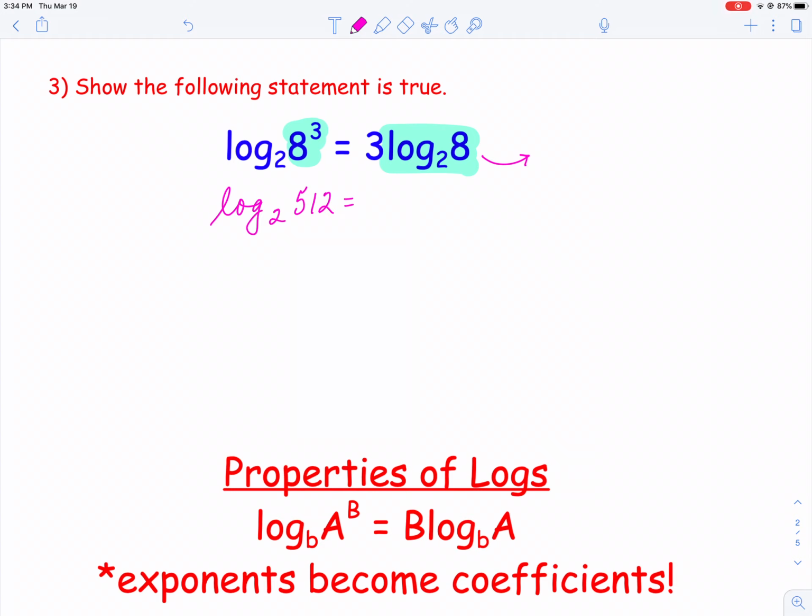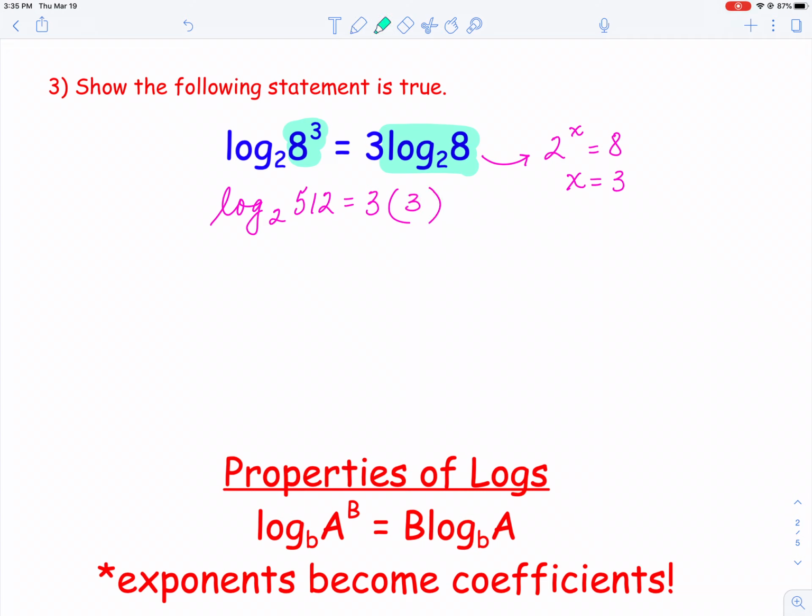Log base 2 of 8. If I turn that back into exponential form, that really means 2 to what power gives me 8? And I know you'll all know that 2 to the third power will give me 8. So that's technically 3 times 3.